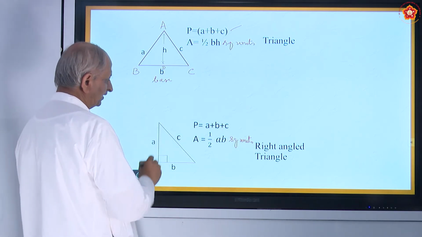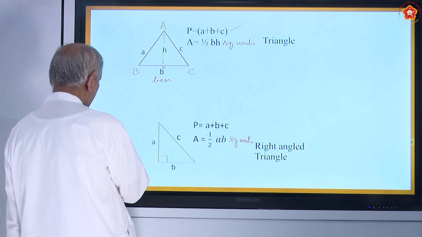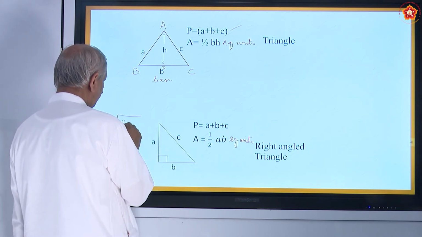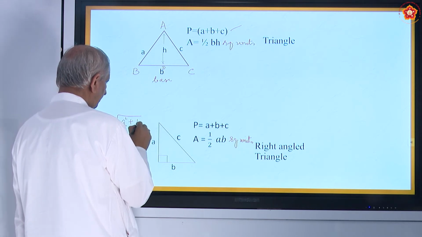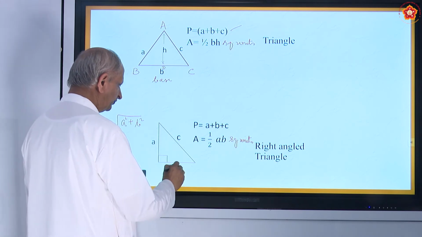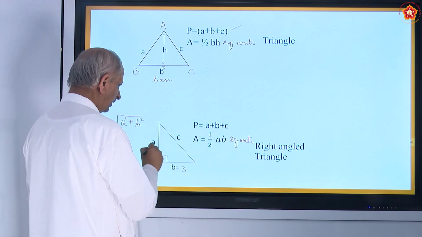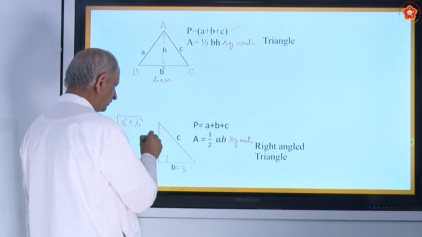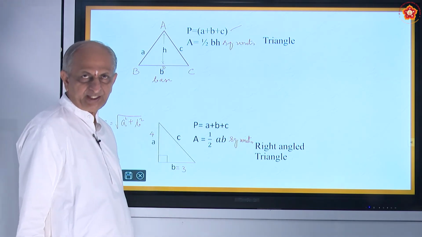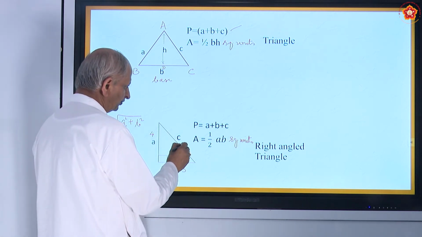Suppose a and b are given, you can find out c. How? By using Pythagoras theorem. c is equal to root of a square plus b square. For example, if b is 3 units and a is 4 units, then 3 square plus 4 square, 9 plus 16, 25, c becomes 5.